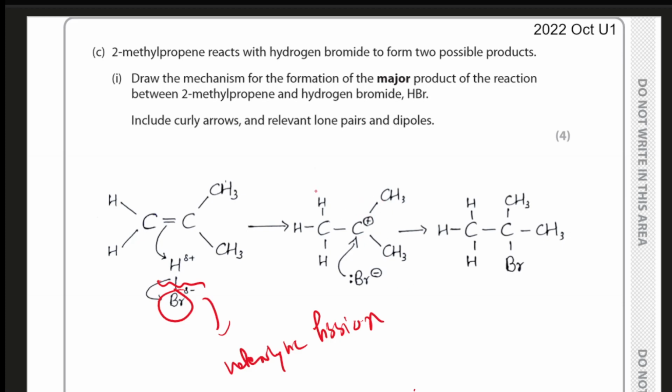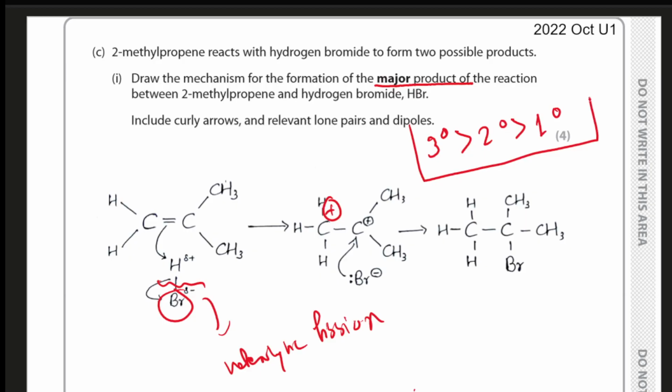In this case, since they said here the major product, we'll only be showing the carbocation which is secondary. There is another carbocation that could be produced, say for instance here, but that would be a primary carbocation. And according to our previous knowledge, we know this is the trend of stability of carbocations. That means the more stable the carbocation is, the higher the chance it has to become the major product.